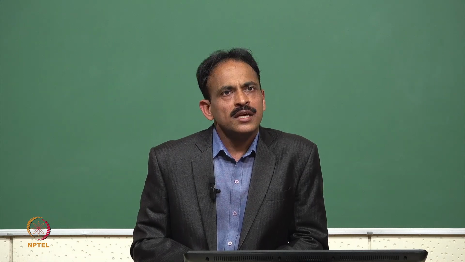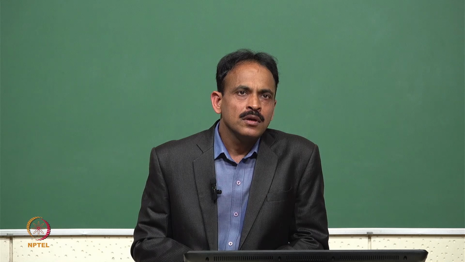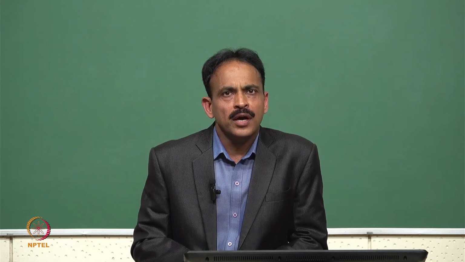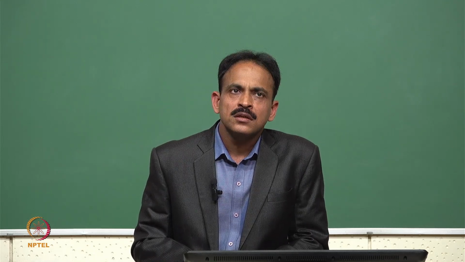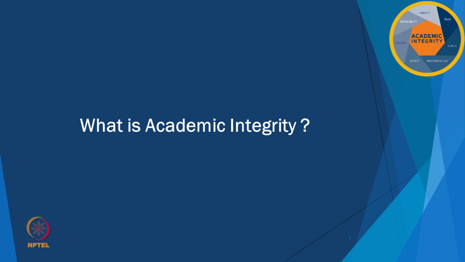However, there has not been so far a standard definition for this term on which a student or researchers can rely. Consequently, how to handle or cope with violations of academic integrity has become more complex. Now, what is academic integrity?